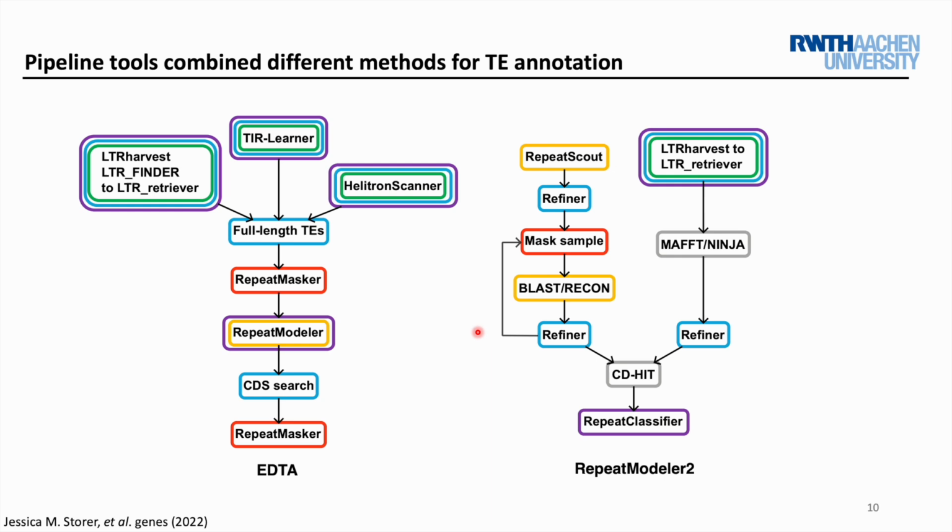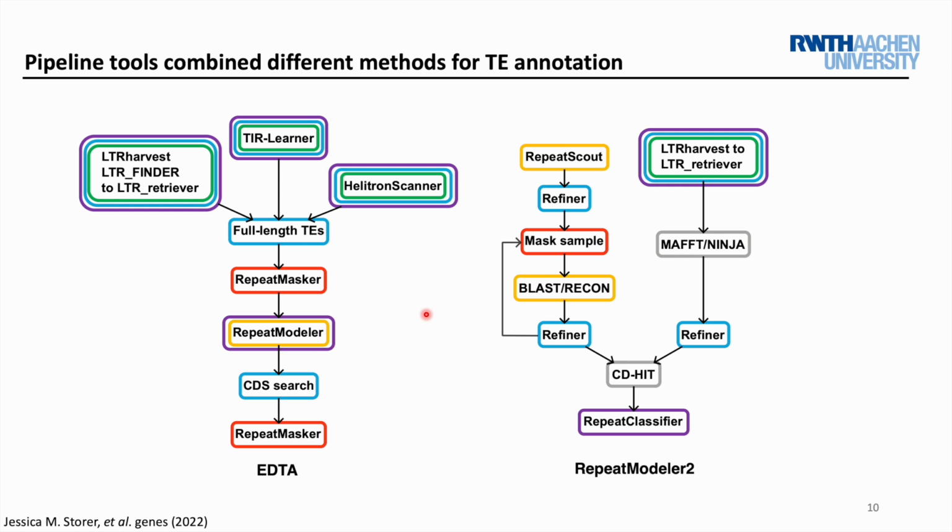Besides that, there are also pipeline tools that combine different methods for TE annotation, like EDTA, RepeatModeler, RepeatMasker, EarlGrey, or HiTE. The output from them is normally better than the single strategy-based methods.